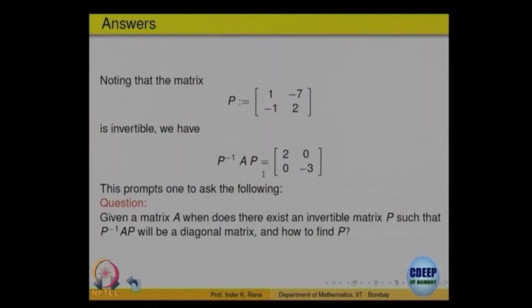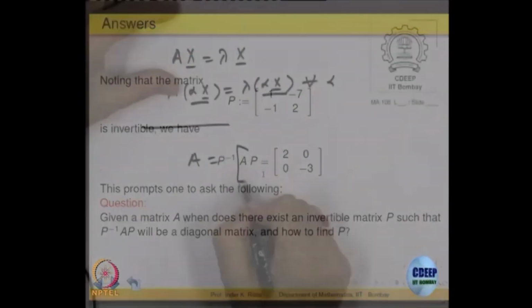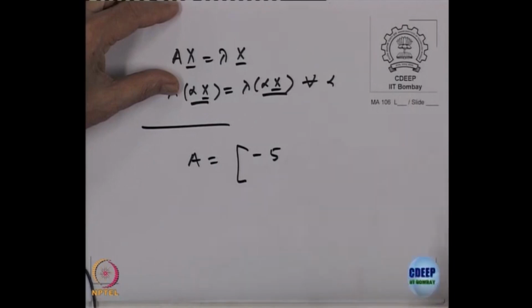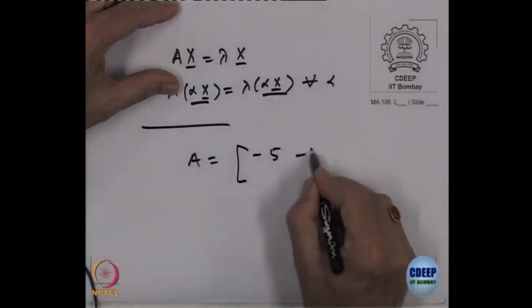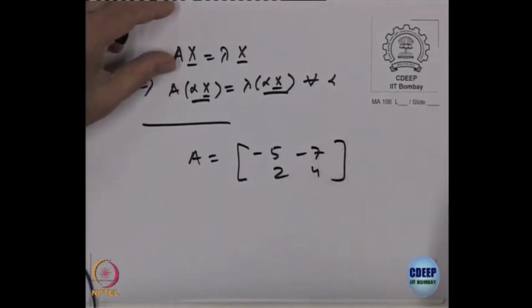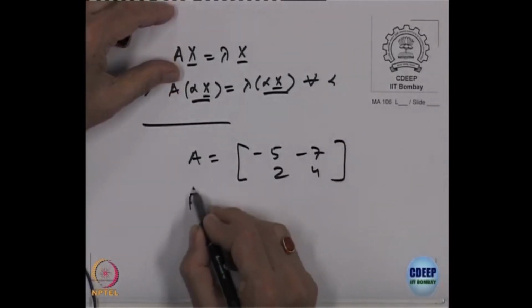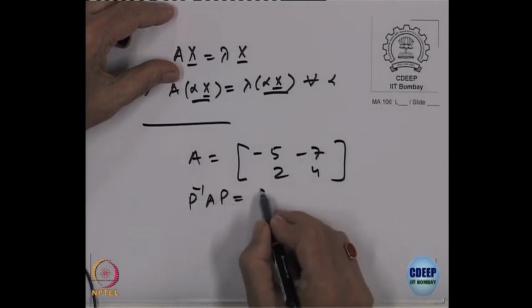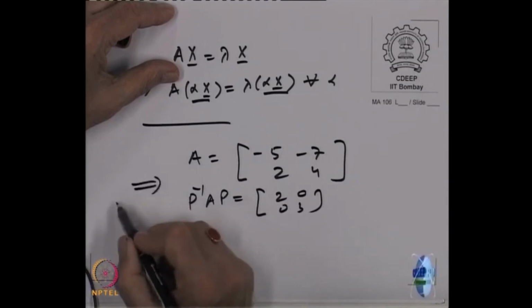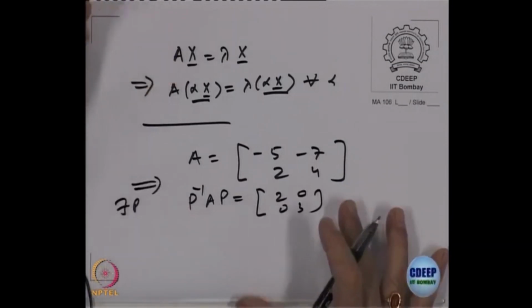For this matrix A, there exists P such that P inverse AP equals the diagonal matrix 2, 0, 0, 3.